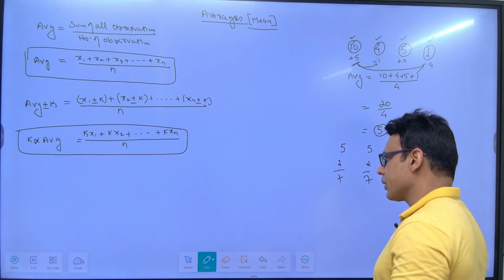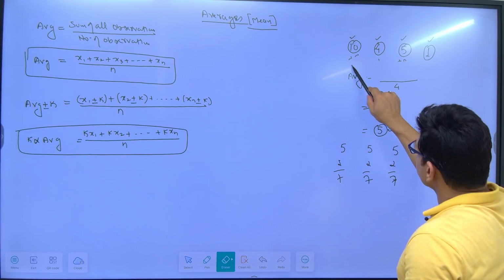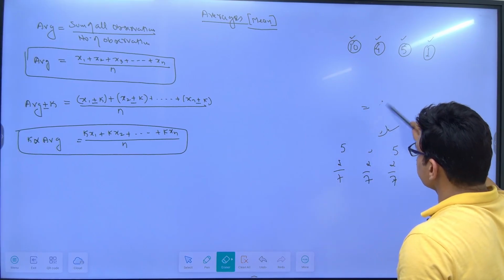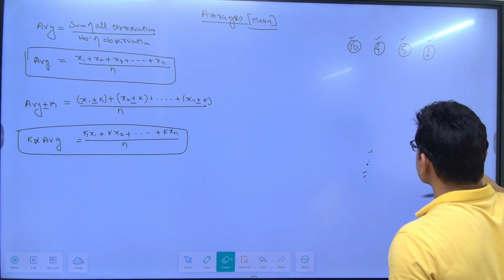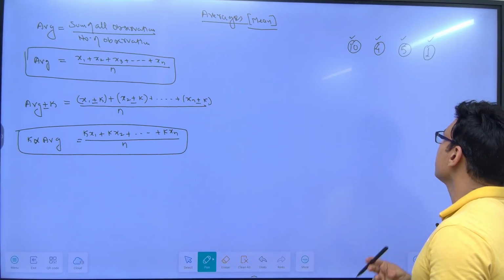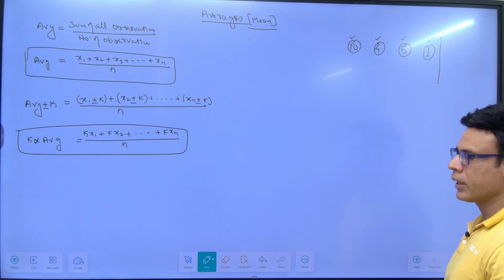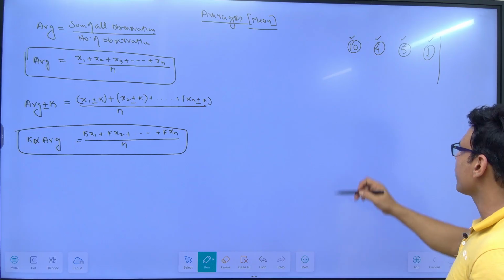Let's understand something. Let's say there are 4 brothers. They have 10, 4, 5 and 1 chocolate. Right? So on an average, they have 5 chocolates, right?